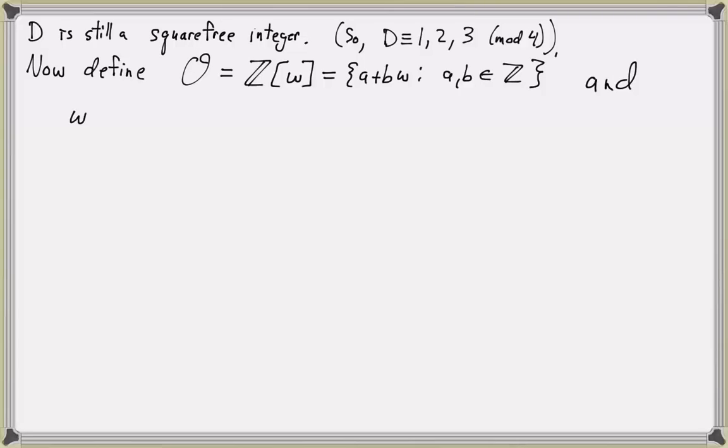And omega, again, depends on what D is. So if D is 2 or 3 mod 4, then omega will just equal square root of capital D. But if D is 1 mod 4, then omega will be (1 plus square root of D)/2.